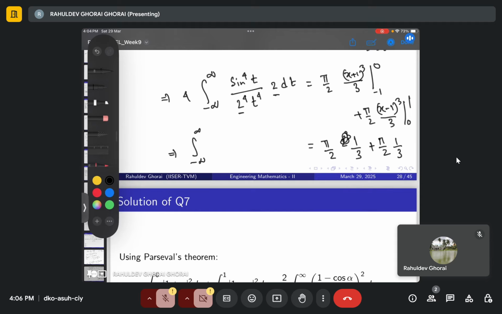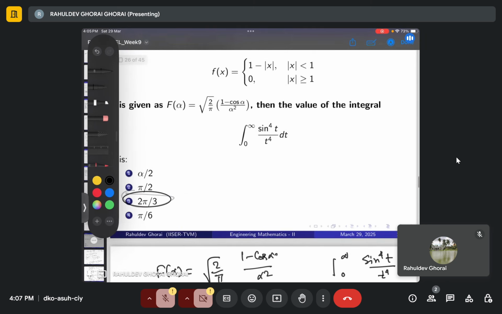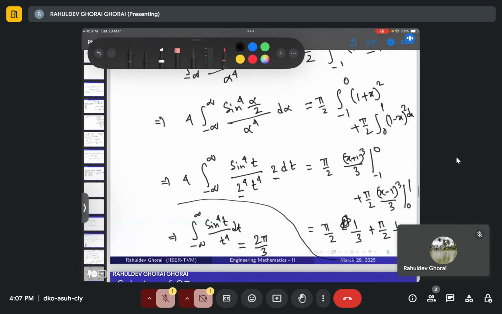So the integral from minus infinity to infinity of sin to the power 4 t over t to the power 4 dt will be equal to pi over 3 and pi over 3, right? 2 pi over 3 total. It should give 2 pi over 3, and that is, I think, the third one. So the third one will be correct. Just check whether I have done it correctly.